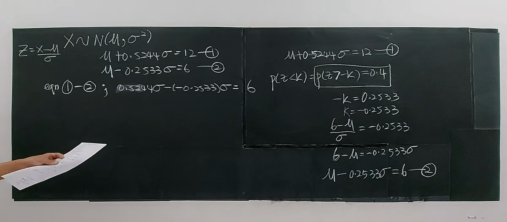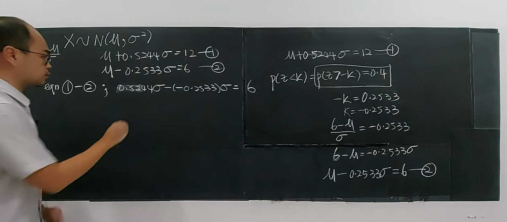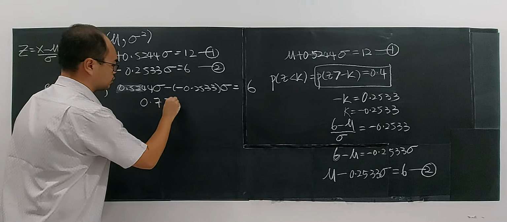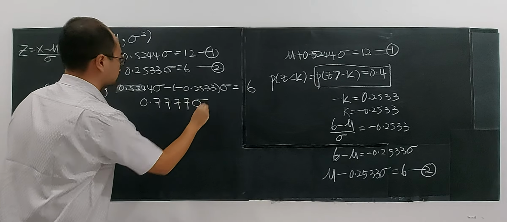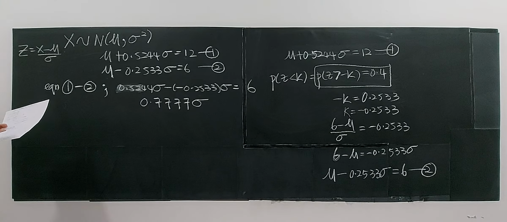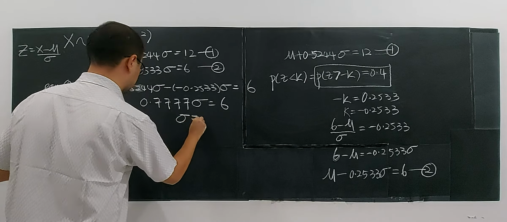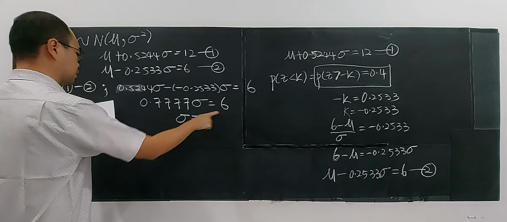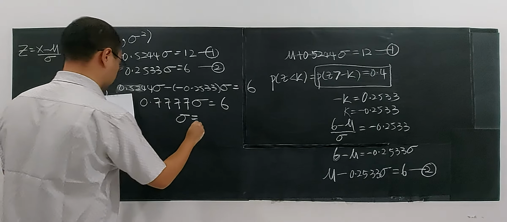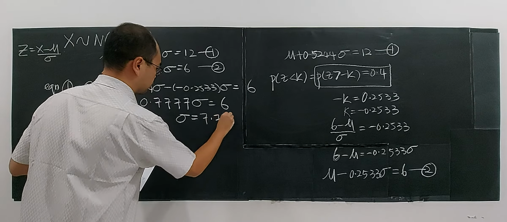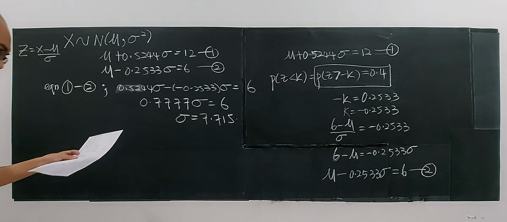Total up these two, you get 0.7777 sigma equal to 6, and for the value of sigma, you take 6 divided by 0.7777, and you have a value of 7.715 in 3 decimal places.